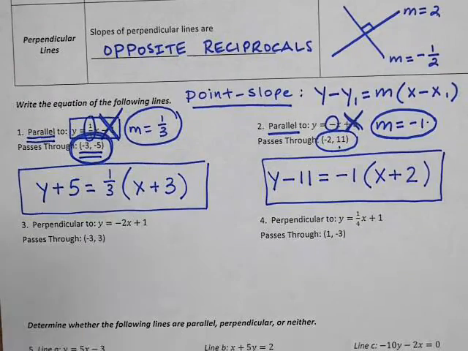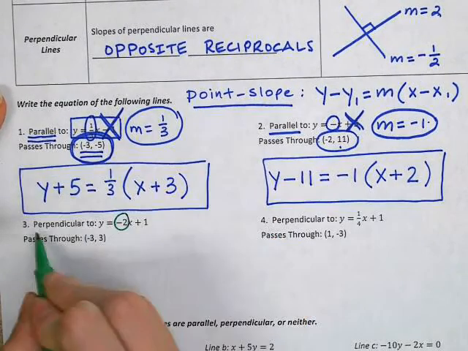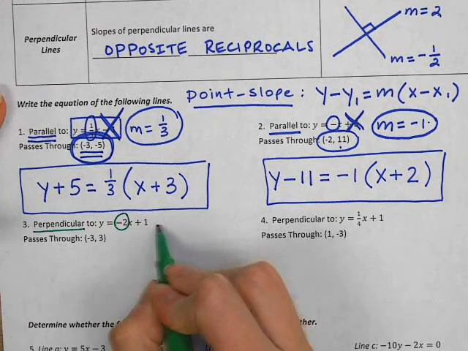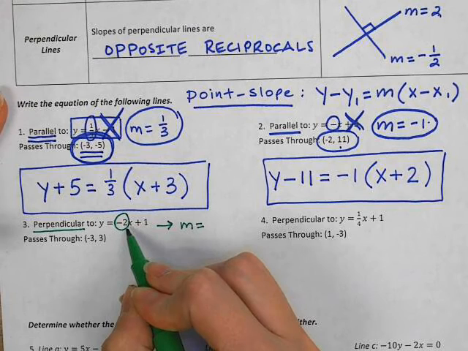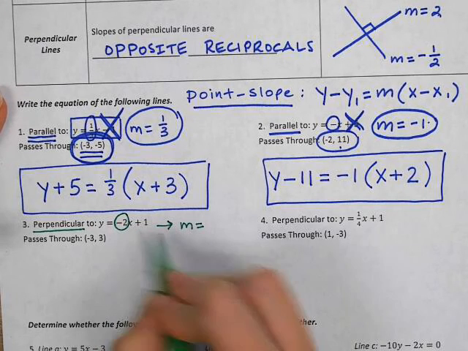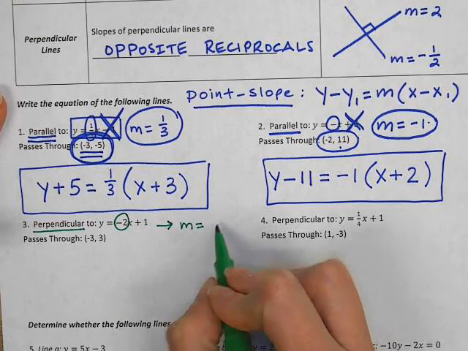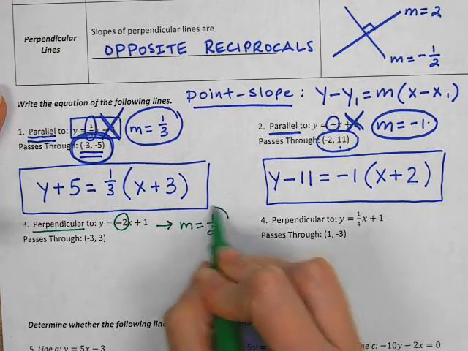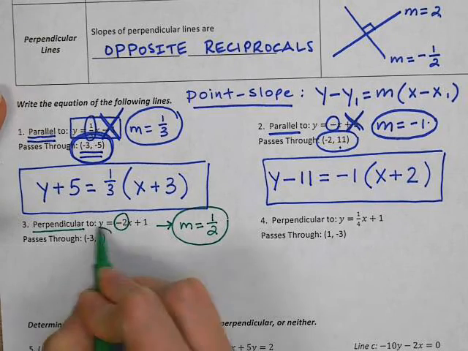All right, now down below it says perpendicular. So I'm going to get a new color for the perpendicular. Now, what's the new slope going to be? If the slope is -2 and it says perpendicular, what's the opposite reciprocal of -2? So opposite would mean positive, and if you flip 2, you get 1/2. It's going to be 1/2. That's what we're going to use. And then here's our point.